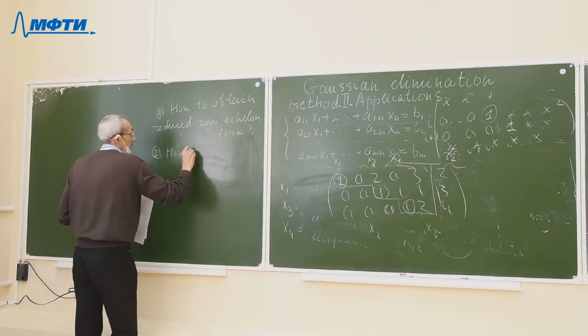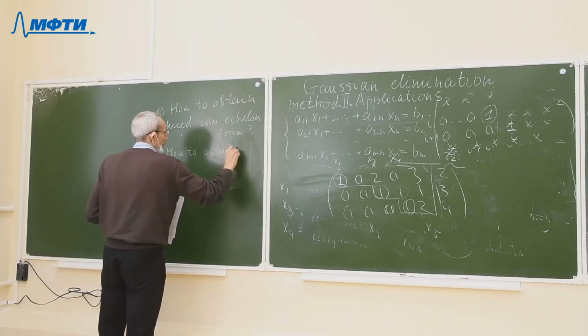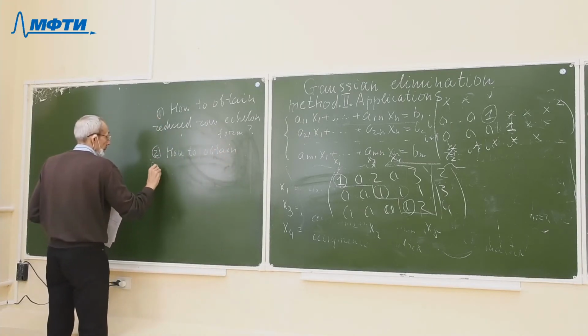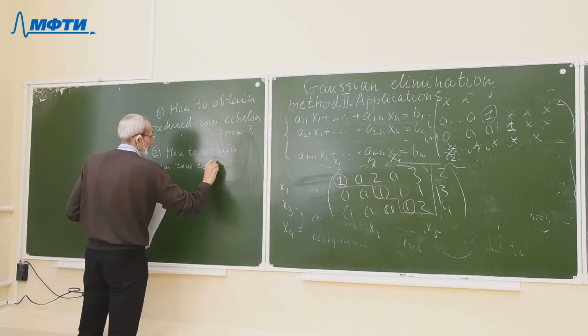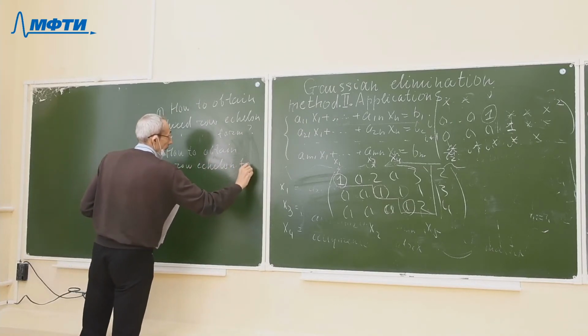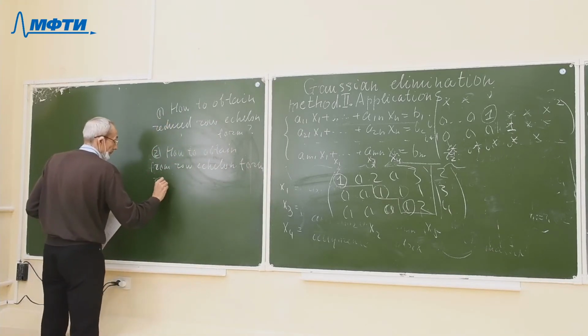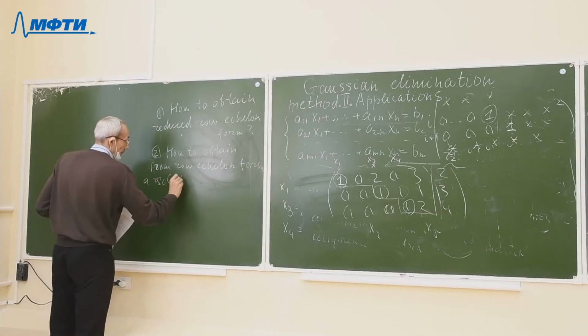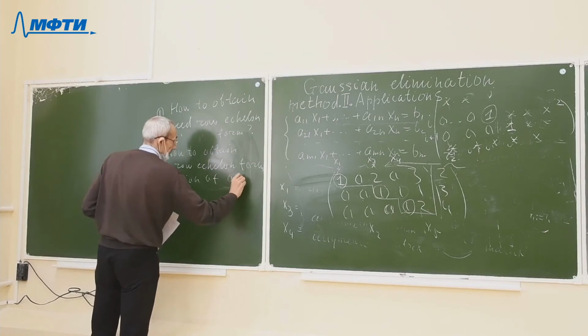Second, how to obtain the solution of our linear system from the row echelon form.